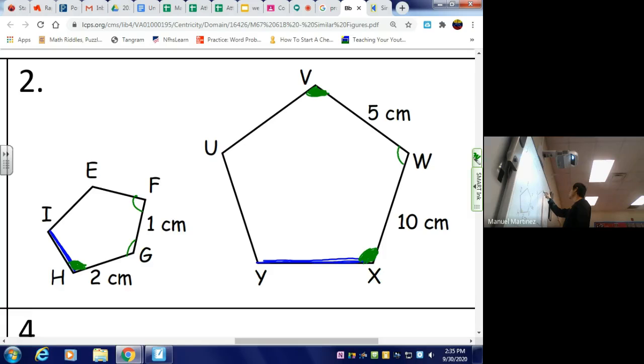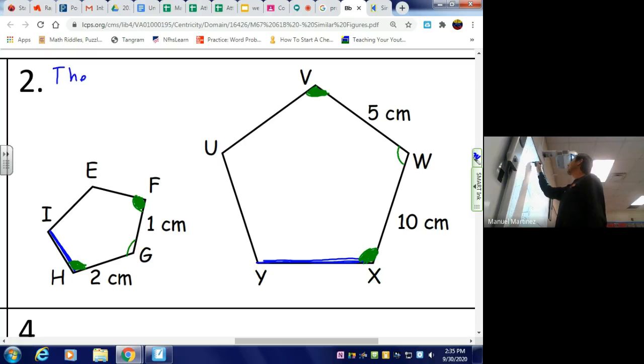So if the angles are not congruent, what can we say about the figures? Are they similar? No. They are not similar. So we don't really need to do the math, okay? Just because the angles are not congruent, the figures are not similar. So this is what we write down.